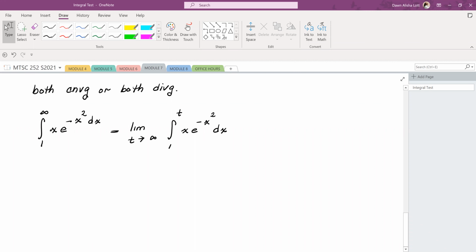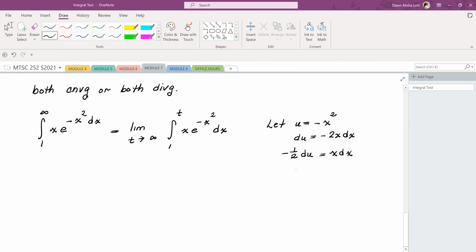Okay. So now I'm going to let u equal negative x squared. So du is going to be minus 2x dx. And so therefore x dx is minus 1/2 du.